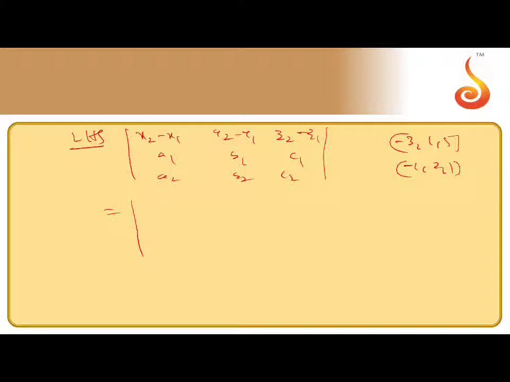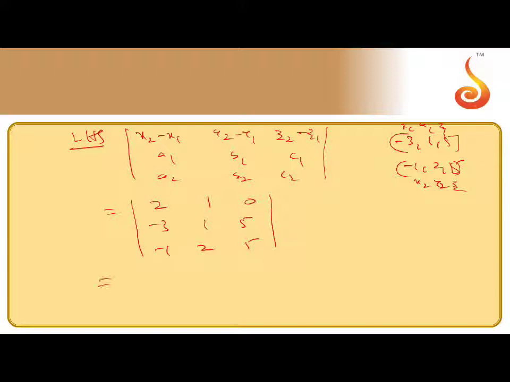Points and direction ratios are the same here. This is x2 y2 z2 and x1 y1 z1. So x2 minus x1 is 2, y2 minus y1 is 1, and z2 minus z1 is 0. Next, the rows minus 3, 1, 5 and minus 1, 2, 5.